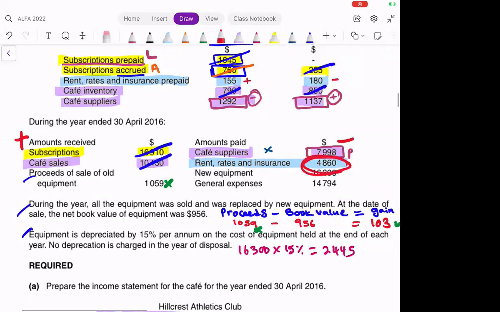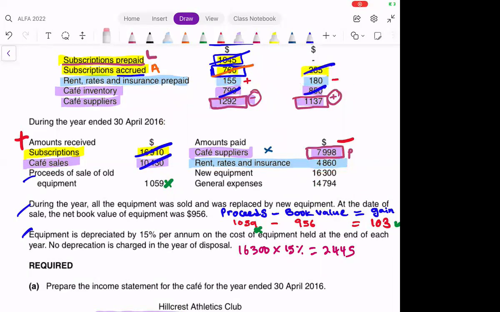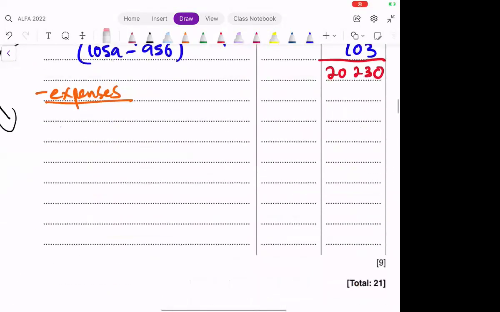So I take 4860 minus 180 plus 155. The students who got a wrong answer, do you understand or not? That's my expenses I write here. Rent, rates and insurance.